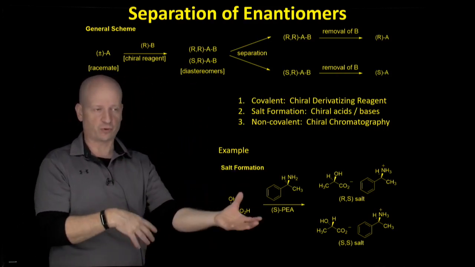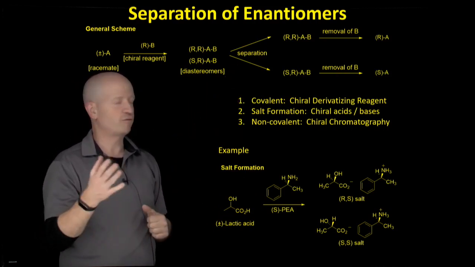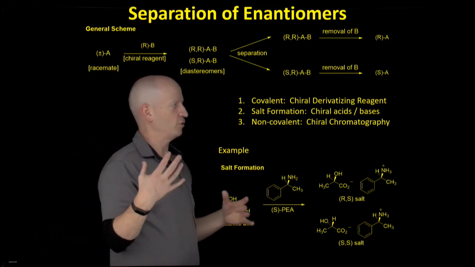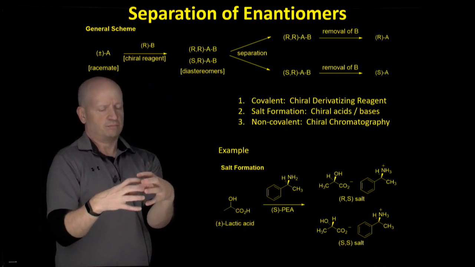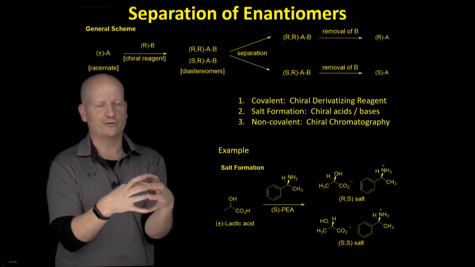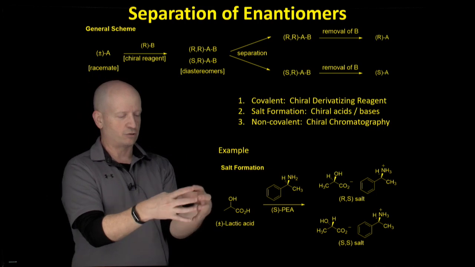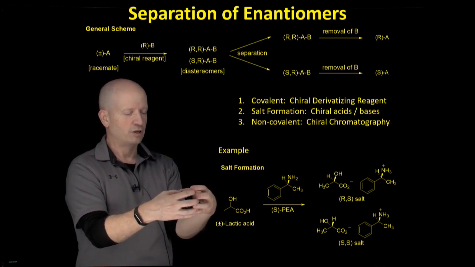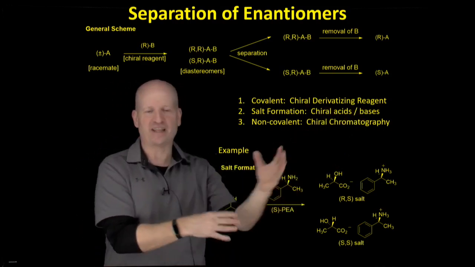We could find a way to separate those, and then we can just undo what we did in the first step. So if we're making covalent bonds in that first step, which is known as chiral derivatizing reagents, we have to have some reaction specific for a functional group in that molecule, do the derivatization, do the separation, and then do the opposite of that first reaction.